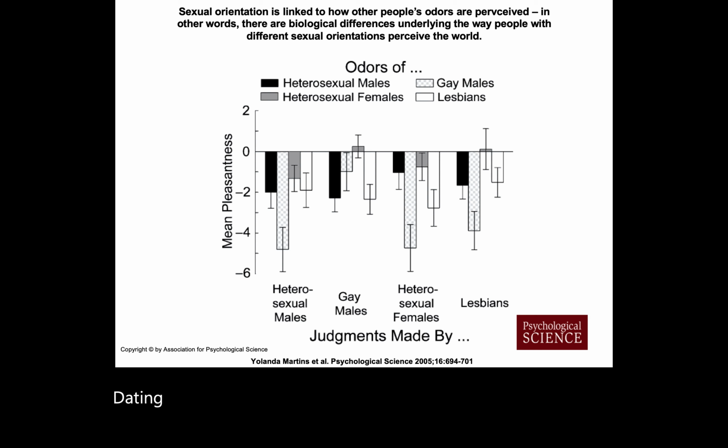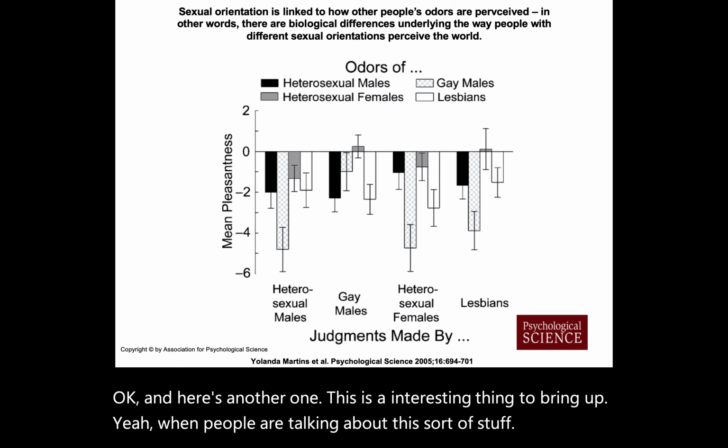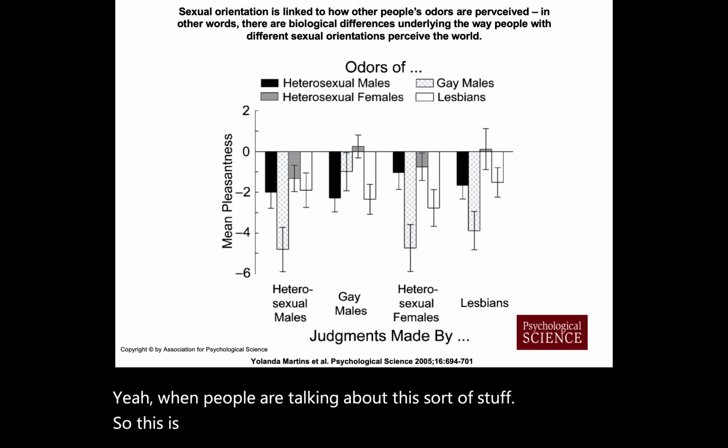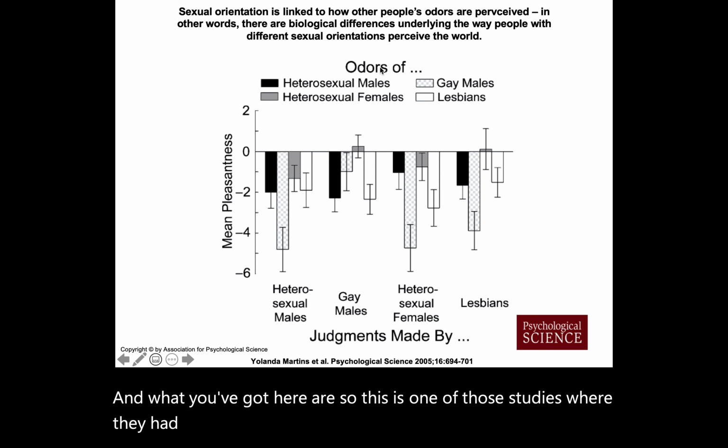Okay, and here's another one. This is an interesting thing to bring up when people are talking about this sort of stuff. So this is a test looking at heterosexuality versus homosexuality and the influence of odors. This is one of those studies where they had people wear around little patches, and they had no perfume.